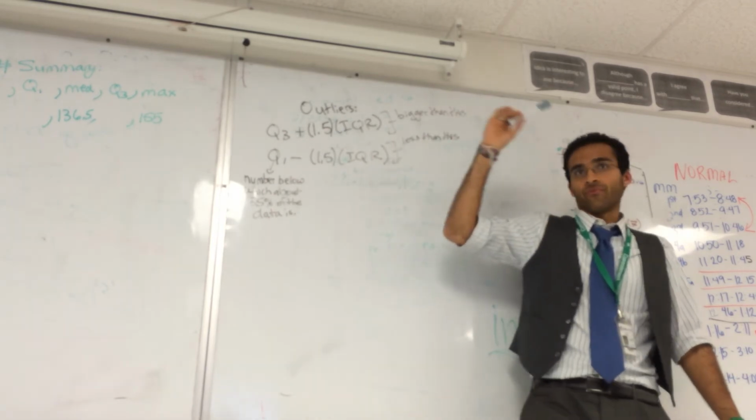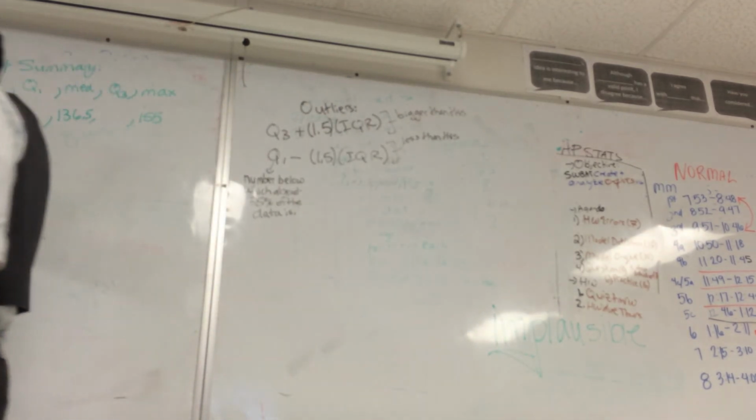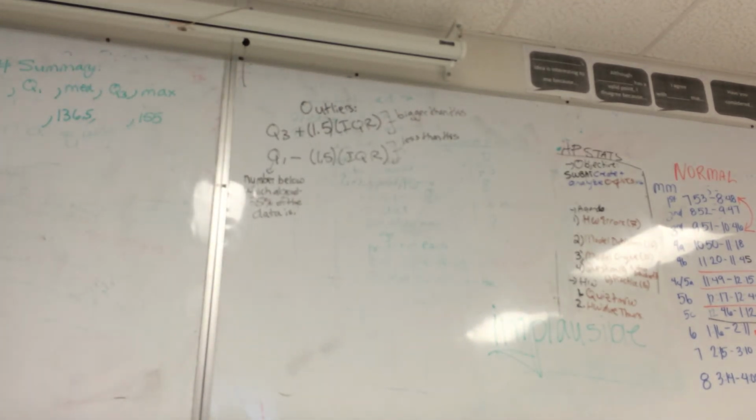So if there are 40 data points, Jalen, how many data points are below Q1? 10. So let's count 10 data points. 1, 2, 3, 4, 5, 6, 7, 8, 9, 10. What is Q1, Jalen?